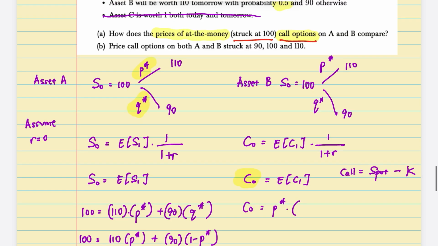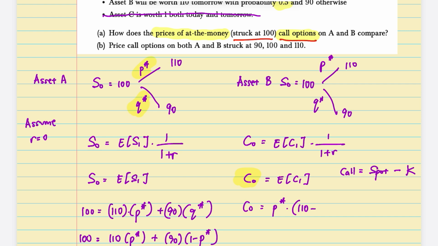So the spot price would be 110 minus the strike price, which is given here as 100, then plus Q, spot price 90 minus 100. We need to put a plus here, which means that the minimum of the call option price will be 0. It will never yield negative results. Why is that so? Because there's no point exercising your call option when the spot price is lower than the strike price.